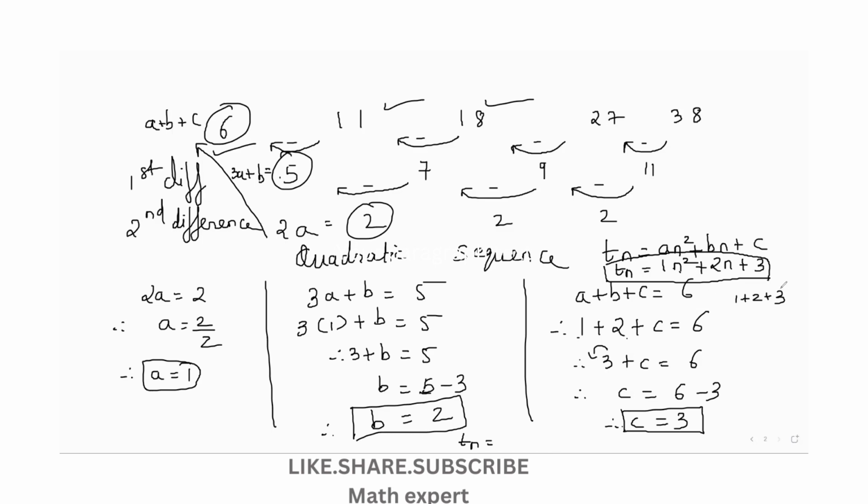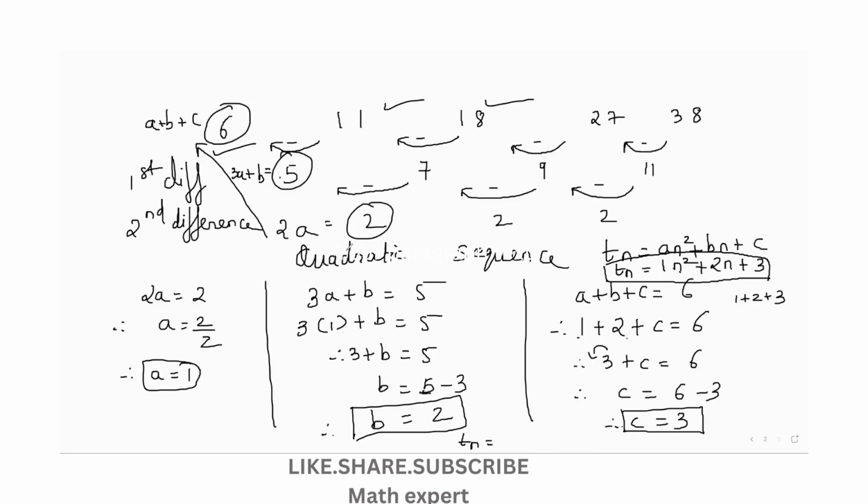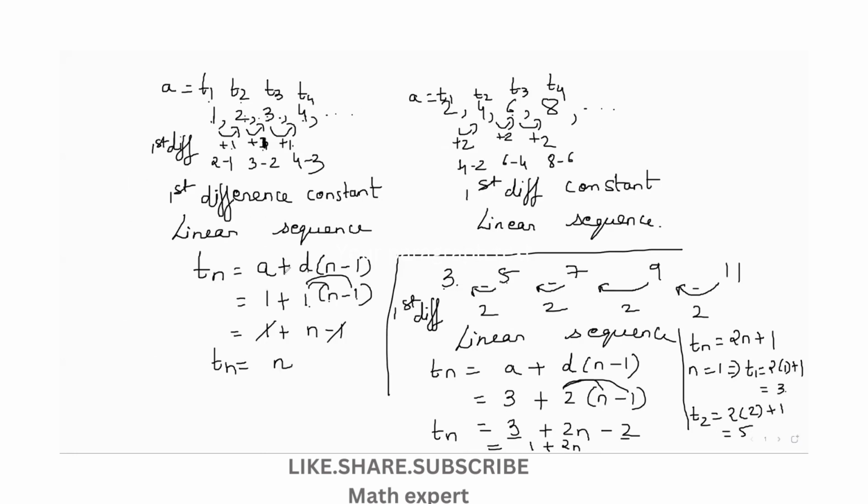More examples we will be doing in upcoming lectures. I hope you all understood it. Let's quickly recap. Whenever the first difference is constant, that means it's a linear sequence. And whenever the second difference is constant, that means it's a quadratic sequence. A linear sequence has a general formula a plus (n minus 1)d.